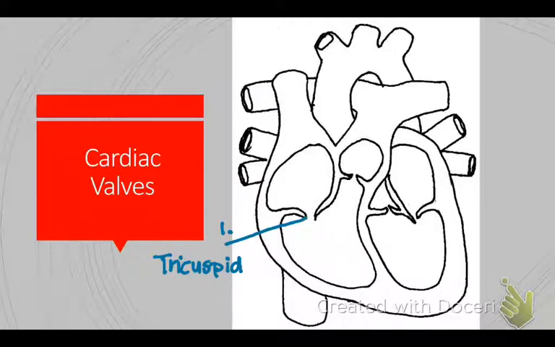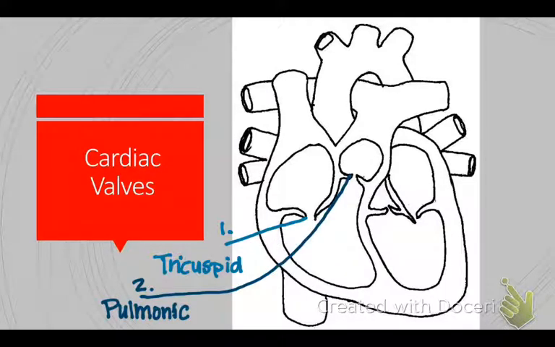That's the whole purpose of your valves. So your tricuspid valve closes, and the right ventricle expels blood through the pulmonic valve. The pulmonary trunk divides into the right and left pulmonary artery, and then it carries the blood through to the lungs.